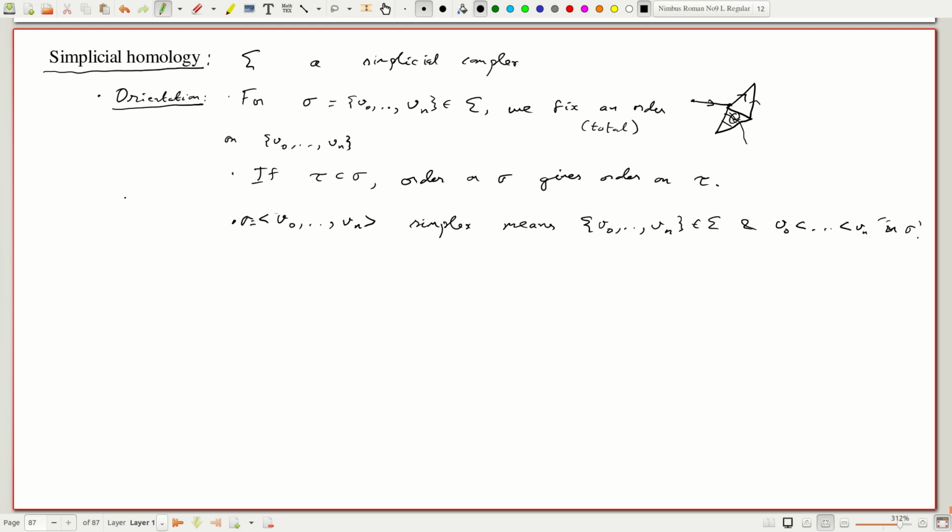Okay. So with this as a background, we can define a boundary which generalizes what we had. So remember that if I have an edge E like this, and this was V0 and V1, the boundary of E would be equal to V1 minus V0. Okay, and let's take a triangle. Perhaps we'll draw straight lines between the vertices.